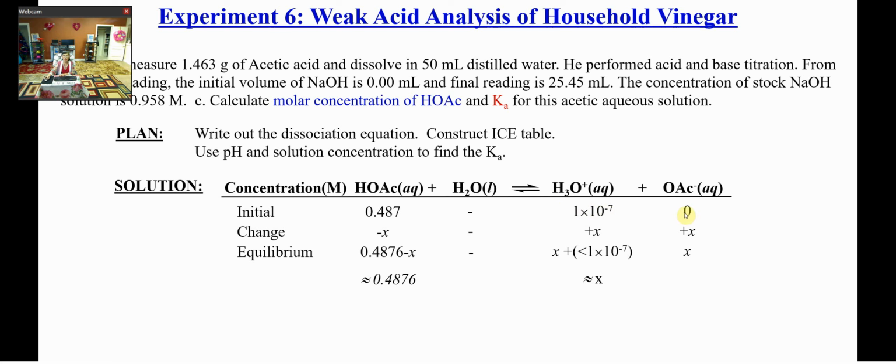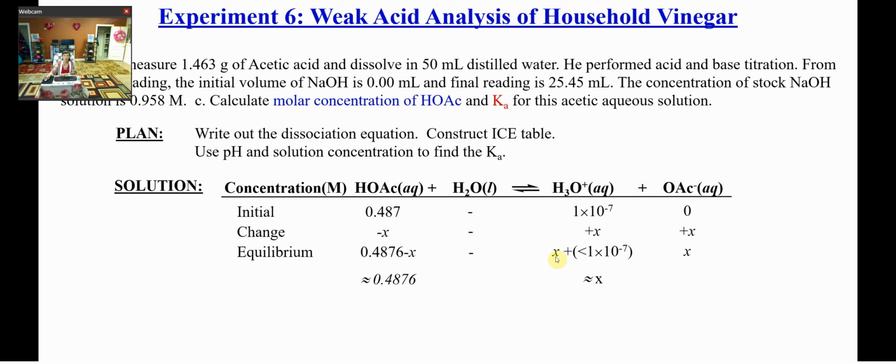Initially, you have 0 as acetate. And then at final, because your change is positive X, it will be 0 plus X. This final refers to the equilibrium point. And then your acetic acid will be your initial minus X. Water, do not consider it.